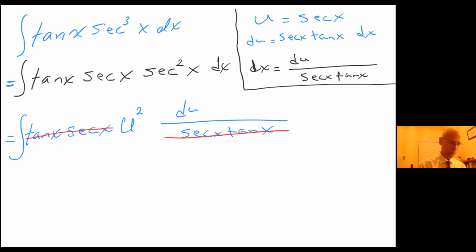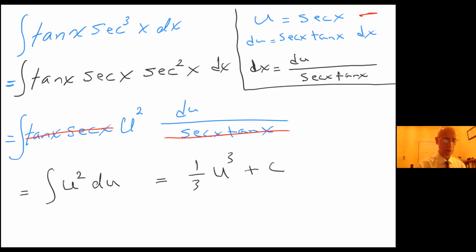This equals the integral of u to the second du, and that equals 1/3 u to the third plus some constant c. And remember that u equals secant of x, so that equals 1/3 secant cubed of x plus some constant c.